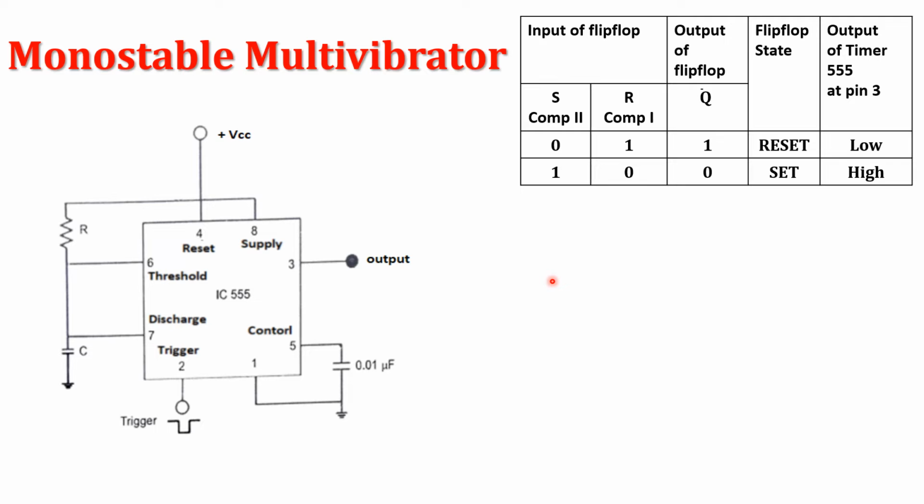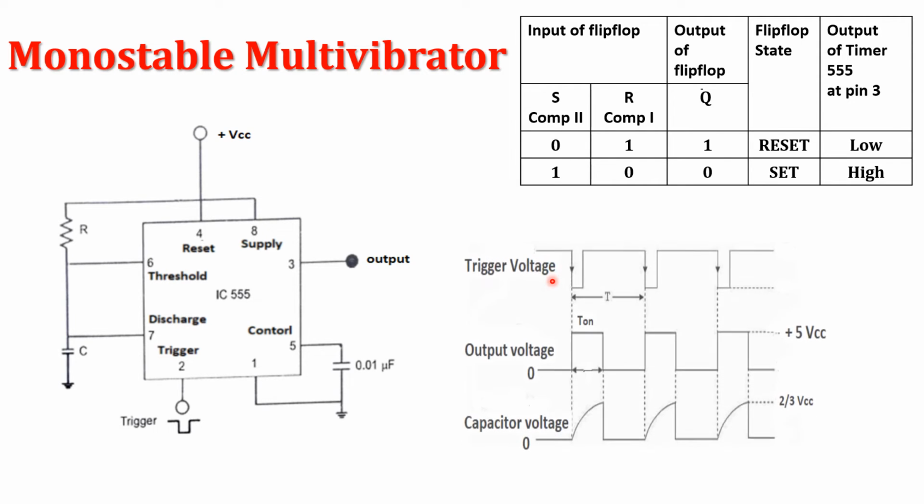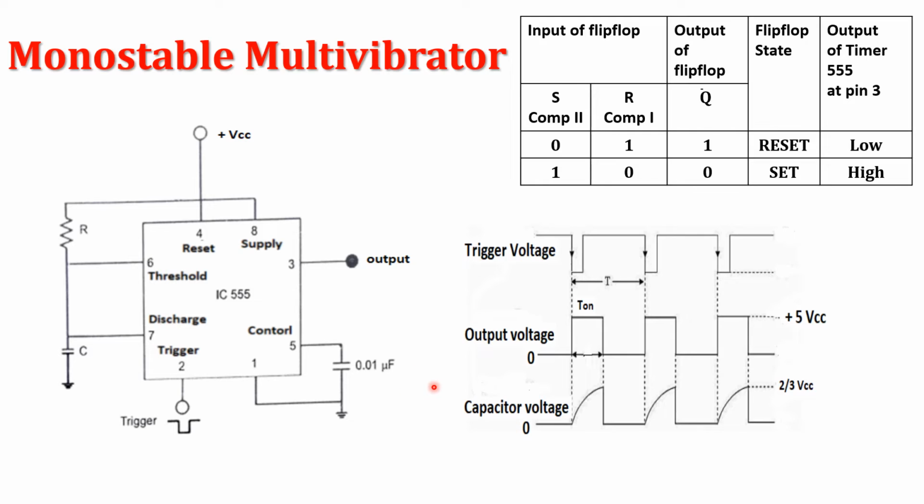That we use for explaining the output of the monostable multivibrator. Here, the output voltage across pin 3 is shown, and also simultaneously we explain the capacitor voltage.